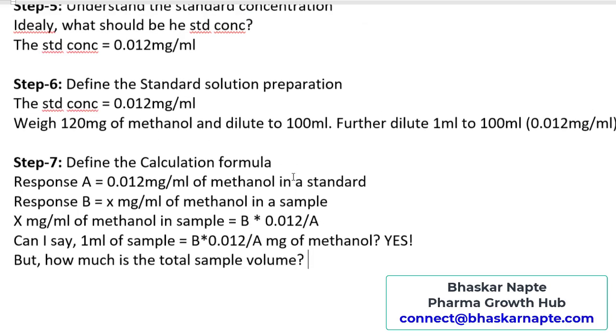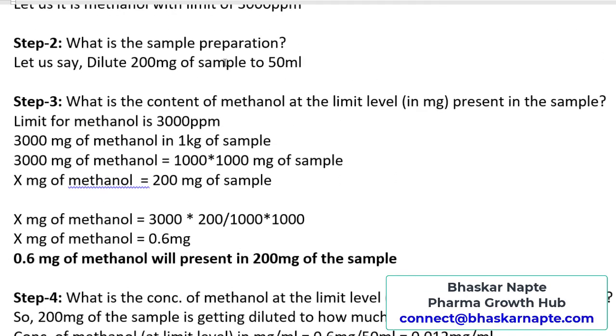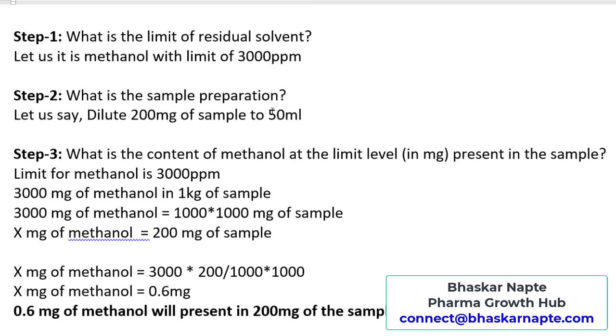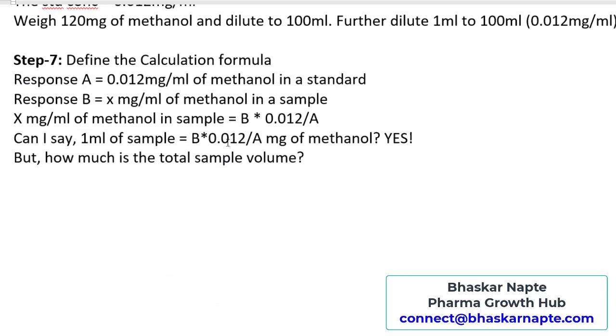And the total sample volume is 50 ml. Let us go back to the sample preparation step. Step number 2, the 50 ml. So I need to understand now, if 1 ml of this resultant sample solution contains B into 0.012 divided by A mg of methanol, right?